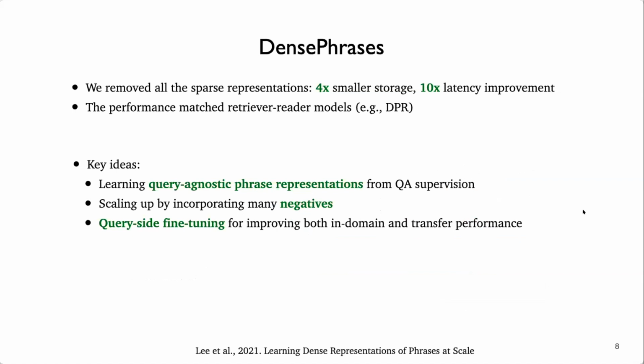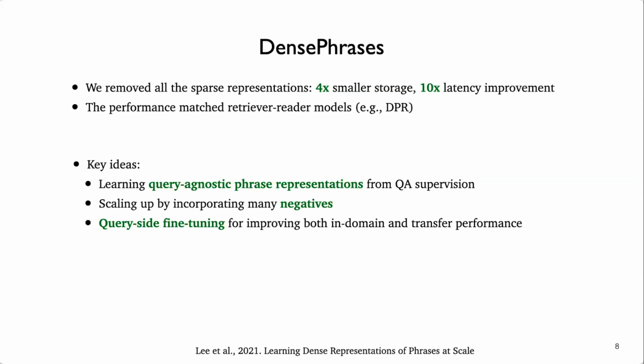Okay, so how did we do this? There are several key ideas behind DensePhrases. The first idea is that we need to learn query-agnostic phrase representations from question answering supervision. After we learn these phrase representations, we also need to learn how to scale them up to a very large collection of documents.